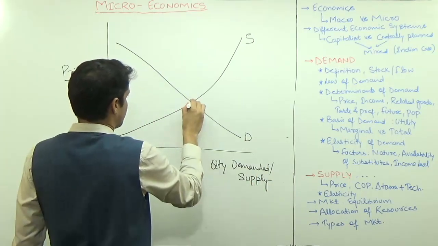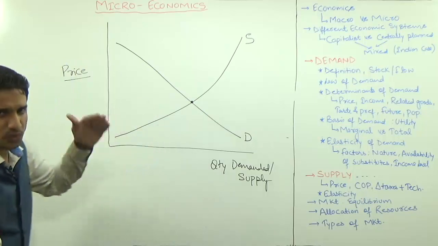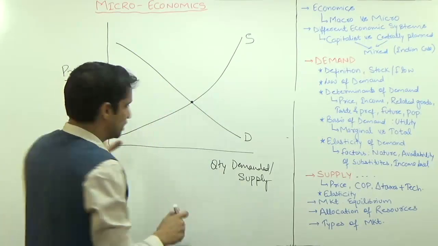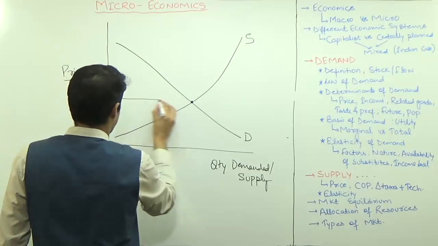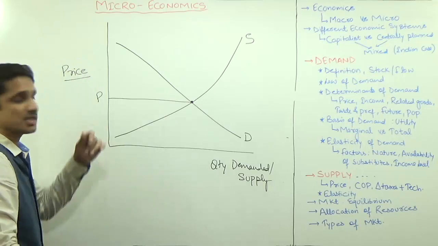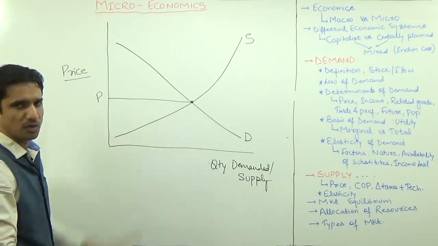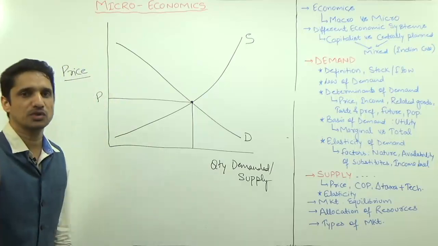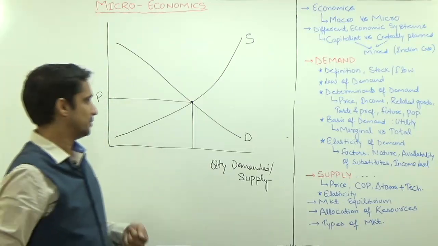This is the point of equilibrium. The point at which the demand curve and the supply curve meet is known as the point of equilibrium. And this is the price which is ideal for this particular commodity, and this is the amount of demand and the supply.